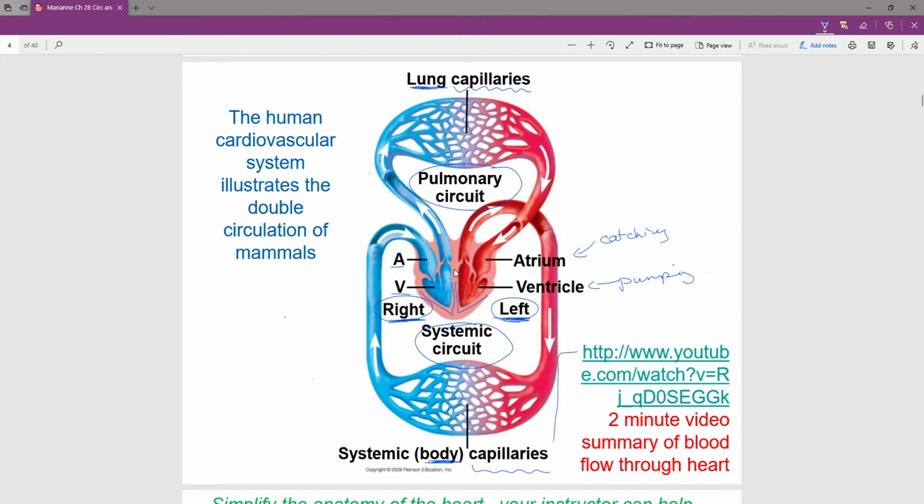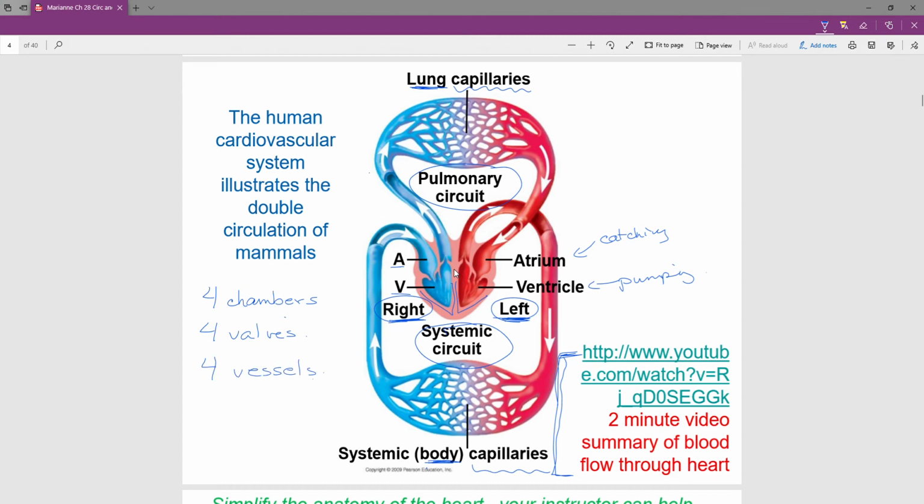There is a 2-minute video that puts it together for you, with a little animation of the flow of blood through the heart. As we talk about it, we're going to summarize the anatomy of a heart: four chambers, four valves, because I said the valves were important to maintain this one-way flow of blood, and then four key vessels.